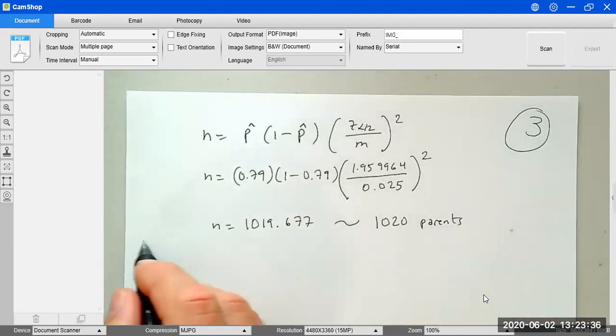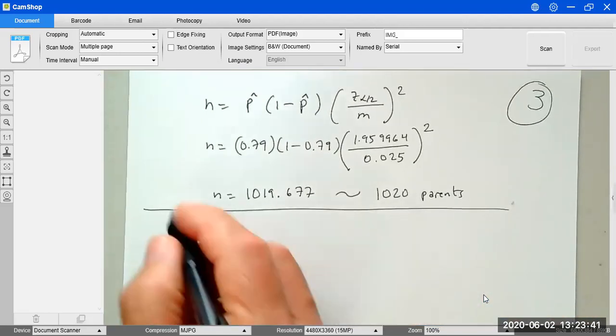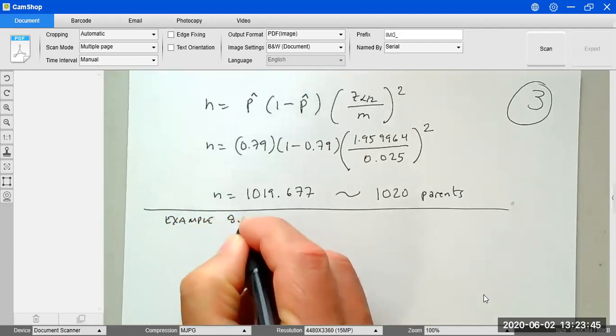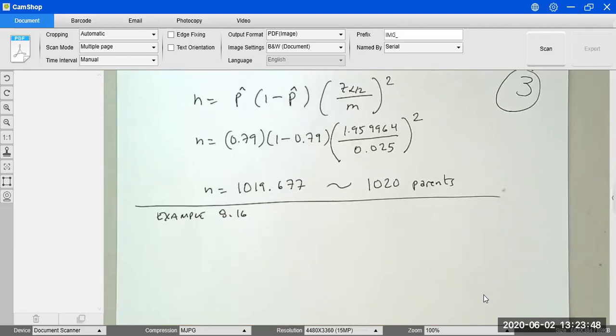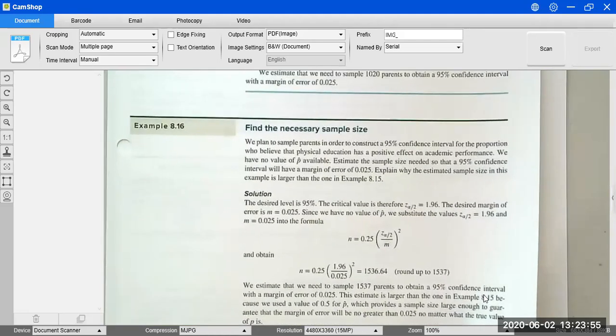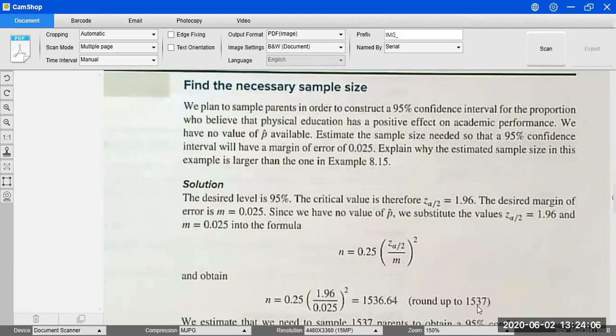Okay, let's run one more problem by using the same formula. So now we're going to solve example 8.16. This example is about the same kind of problem. We plan to sample parents in order to construct a 95% confidence interval for the proportion who believe that physical education has a positive effect on academic performance.